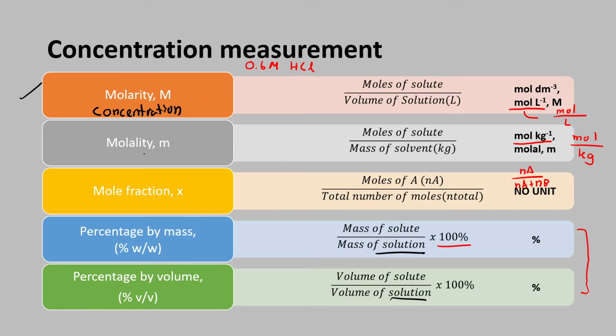For molality, we use mass, so it is moles divided by mass of solvent. For mole fraction, we take the moles we want and divide by the moles we want plus the moles of the other component. Alright, so everything is fine so far.